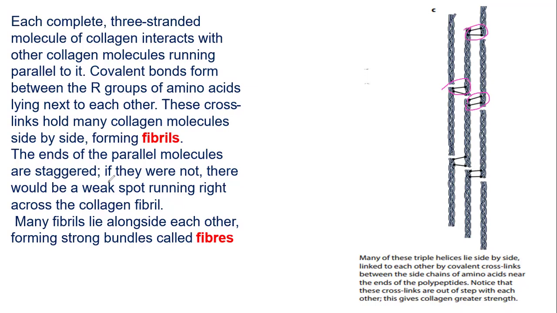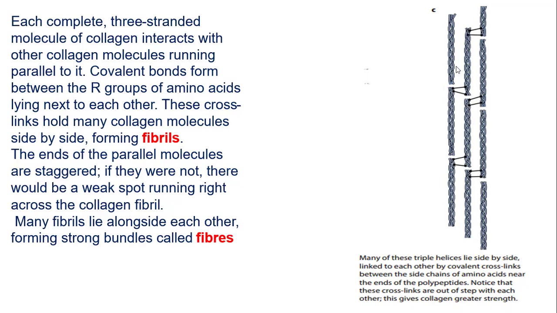This makes collagen much stronger, because if all these ends were on the same level, there would be a weak point where the collagen molecule could easily break. Collagen is very strong simply because the ends of the molecules are staggered.